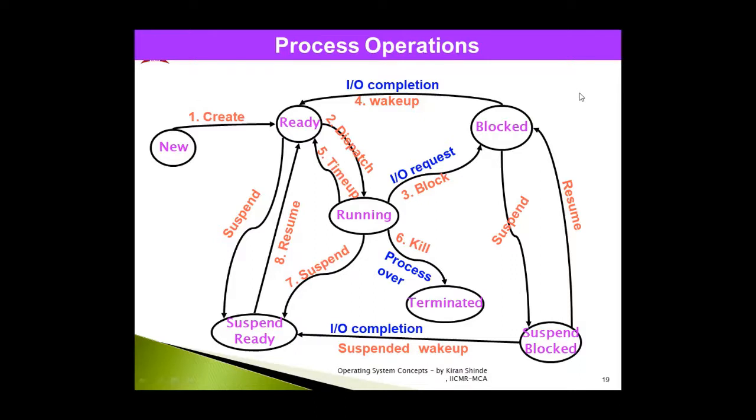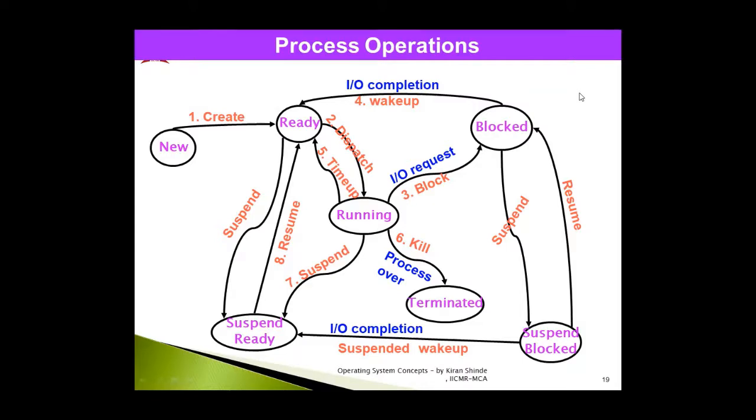Then serial number 3 mentions an operation, that is the block operation. We discussed that when a process is in the running state, it may happen that it will get interrupted due to a certain IO request. If it is interrupted due to an IO request, then the operation performed on that particular process will be the block operation. After that operation, obviously, the system will change the state of that process from running to blocked.